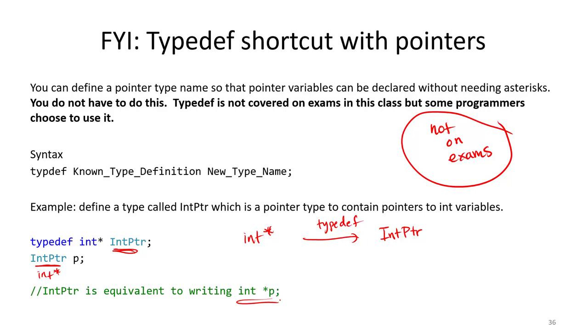But in some programs and some textbooks, you'll see that the programmers and textbooks choose to use typedefs when working with dynamic arrays. I personally do not use typedefs because I don't think it really helps. It kind of just creates more work in this case. I do not expect you to use typedefs. But if you see a typedef in example code or in our textbook, now you know what it is.